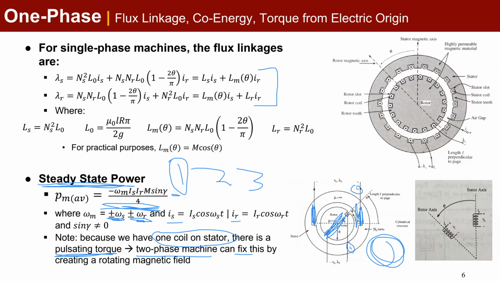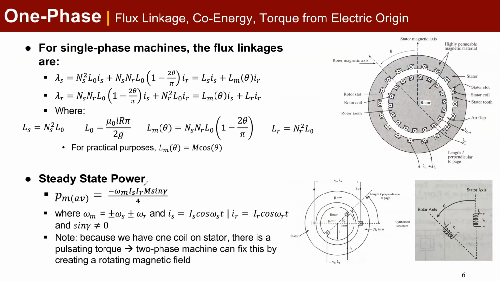It won't be stationary like this one here, where there's the axis for the magnetic field and it's stagnant. For the two-phase, we'll have a rotating magnetic field, which will allow us to prevent that pulsating torque. That's one thing I wanted to mention here. But this is where we get the steady state power for a one phase synchronous machine.